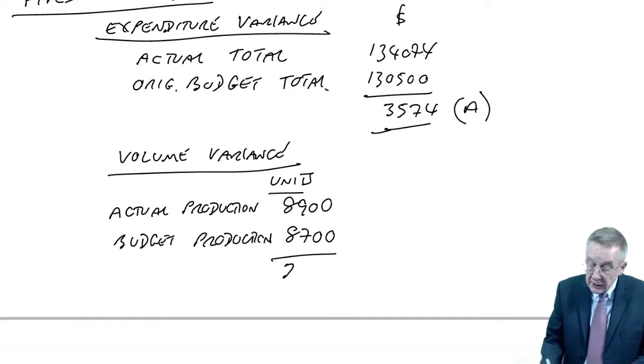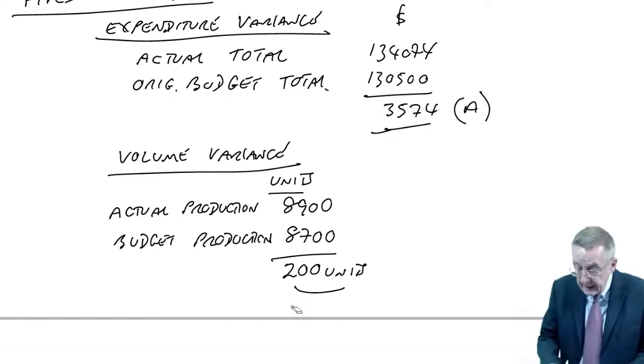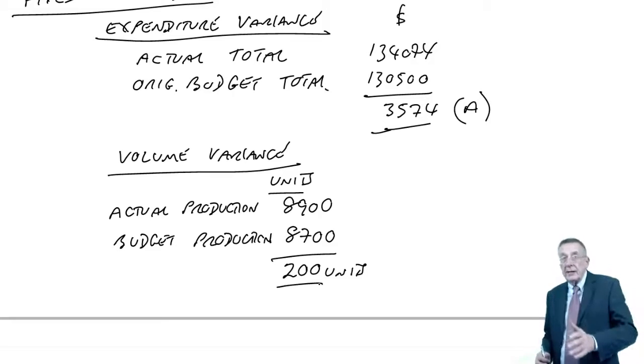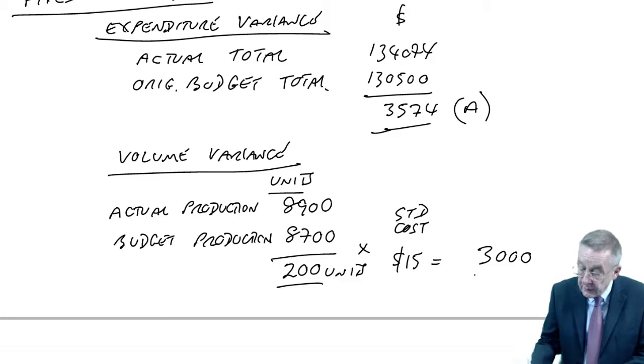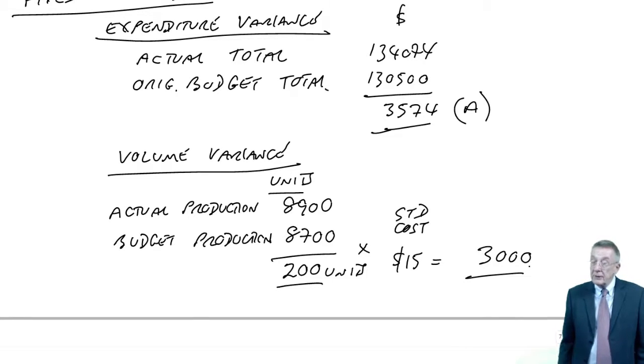So we ended up charging 200 units worth more of overheads than we really should have done. And how much did that mean in dollar terms? Putting in an extra 200 units at the standard cost per unit of 15, it meant we put in 3,000 more than we really should have done.